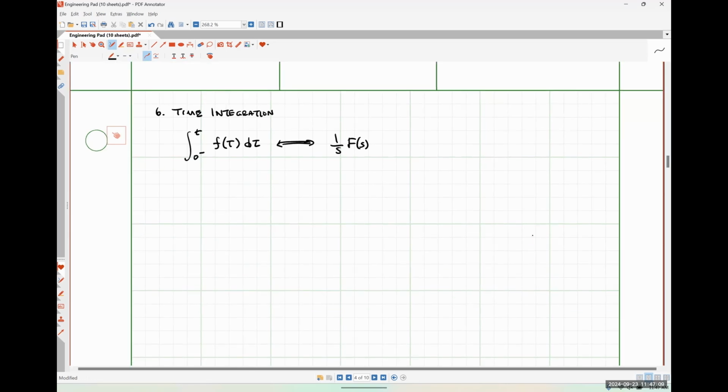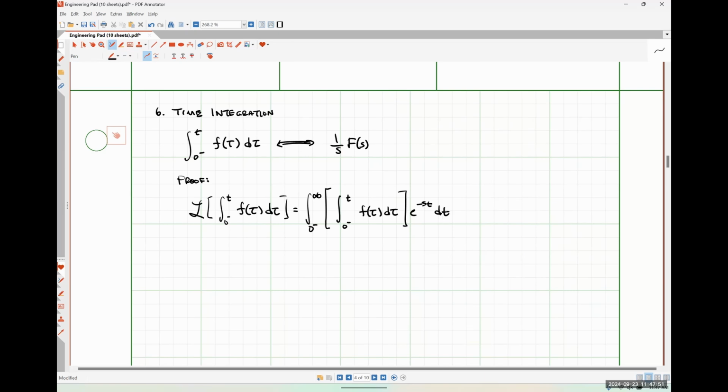So to prove this, we would have the Laplace transform of the integral from 0 minus to t of f of tau d tau will be the integral from 0 minus to infinity of the integral from 0 minus to t of f of tau d tau e to the negative st dt.